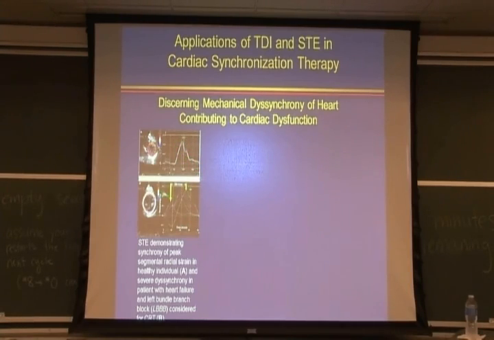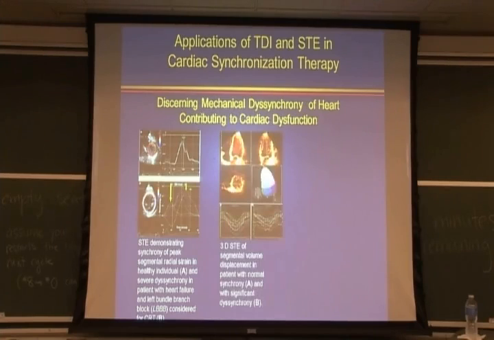So this provides what we call mechanical dysynchrony, and that provides the basis that it may be possible to synchronize the wall motion by putting in different leads or pacing leads, to make the myocardial motion more synchronous and homogeneous.